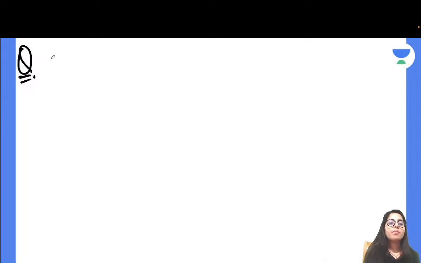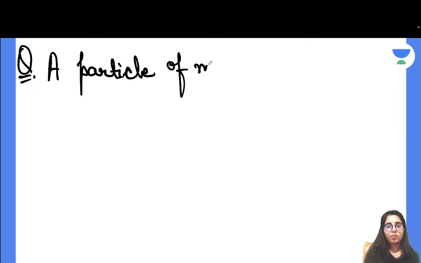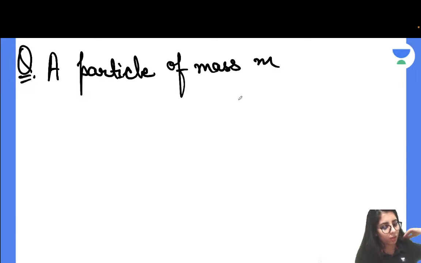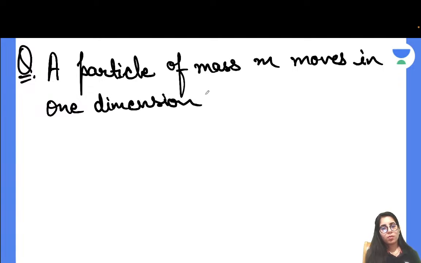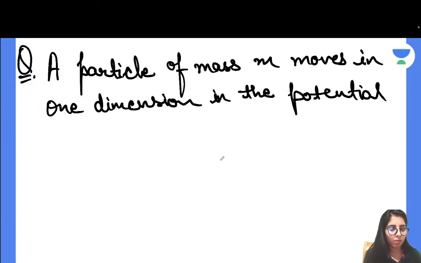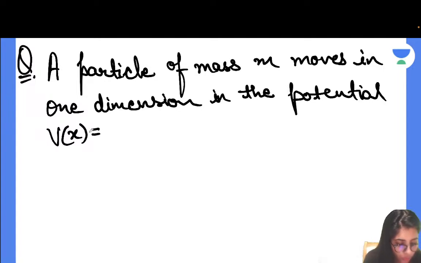A particle of mass m moves in one dimension in the potential V(x) equal to kx to the power 4, where k is greater than 0.